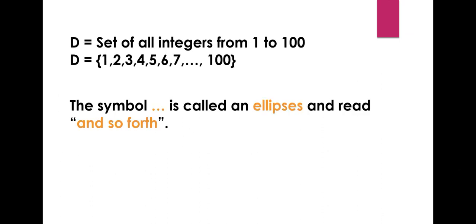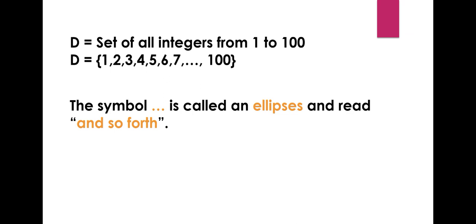Okay, set of all integers from 1 to 100. Kapag sobrang dami, hindi nyo na kailangang ilista lahat or isulat lahat. For example, pinalalagay sa inyo yung set of all integers from 1 to 100. Sobrang haba nun kasi 1, 2, 3, 4, 5, and so on up to 100.